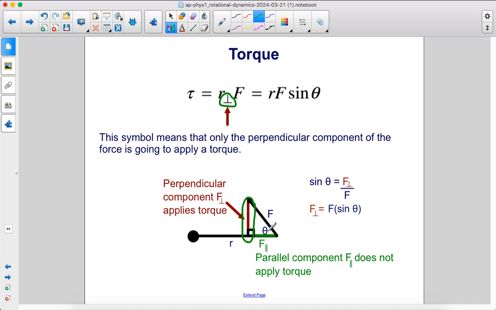Well, if we have theta here and the hypotenuse of this triangle is F, we could say sine theta is that component divided by the hypotenuse, SOHCAHTOA, right? So then that component is going to be F sine theta. So when we have r perpendicular F, we can replace that with r F sine theta, because this will take care of the fact that it's only this component, not this component, that's going to apply a torque.